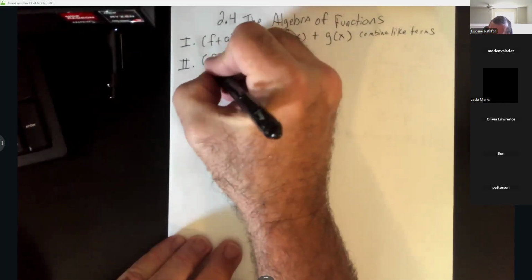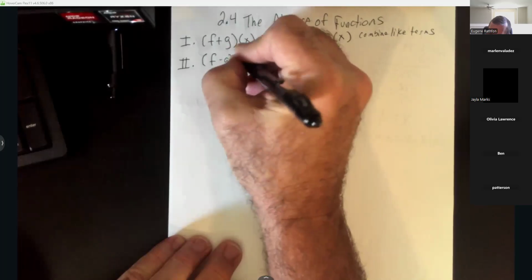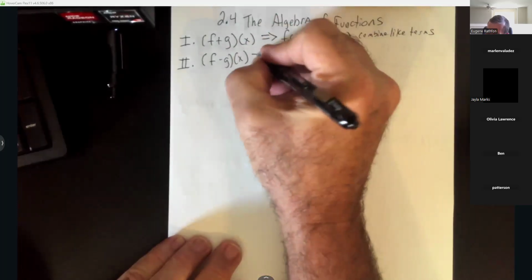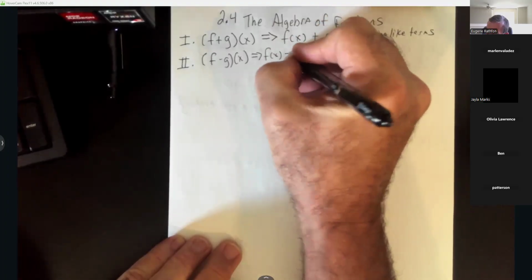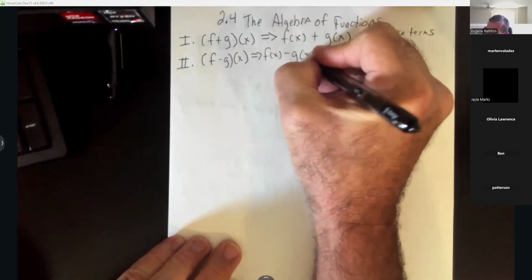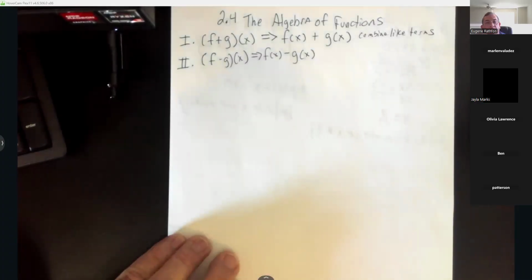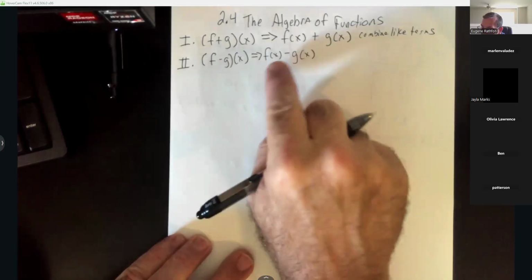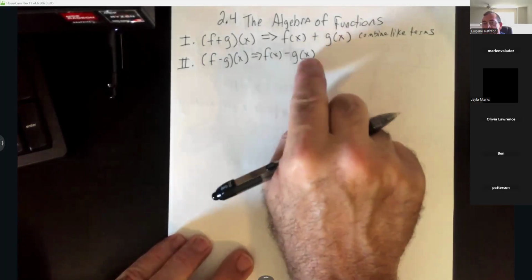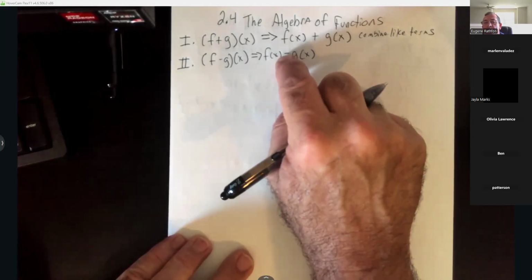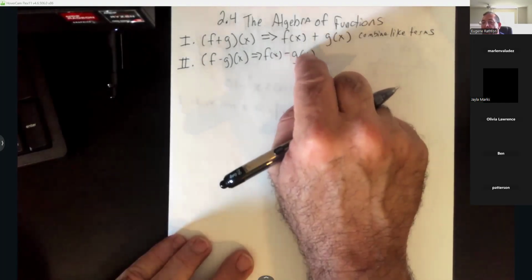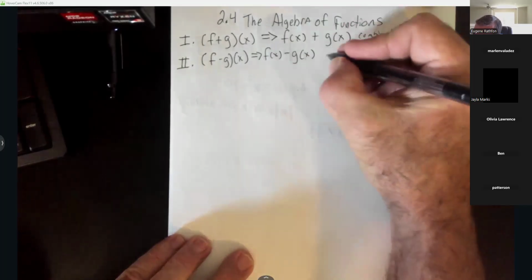Well, the next one would be f minus g of x. That's going to be f of x minus g of x. It's similar to adding, but we got to do one thing first. Our functions are going to be in parentheses, so we have to distribute the subtraction through the second function.